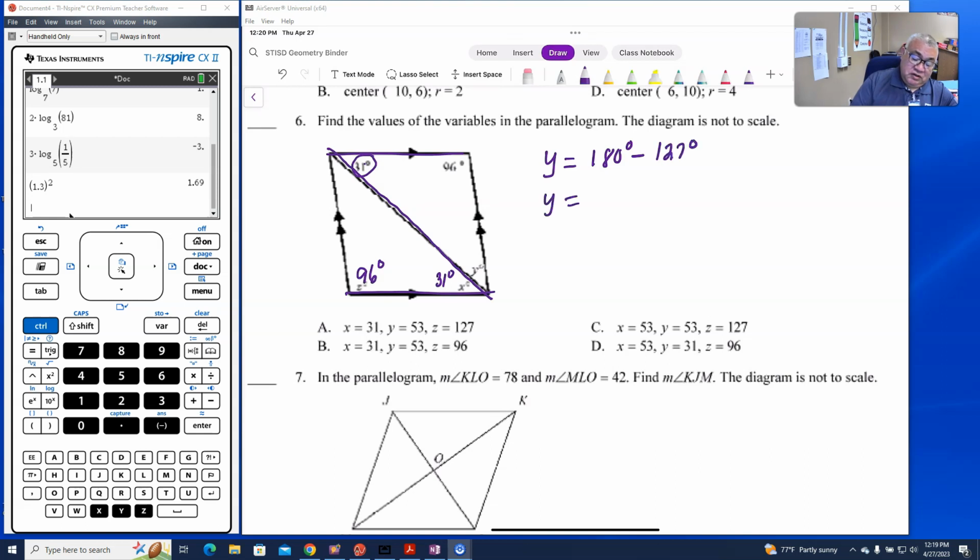And so the difference of 127 and 180 is 180 minus 127, so it's 53. So this is 53 degrees. We know that Z is 96, so these two have Z of 96. We have Y is 53 and X is 31. So your answer is B.